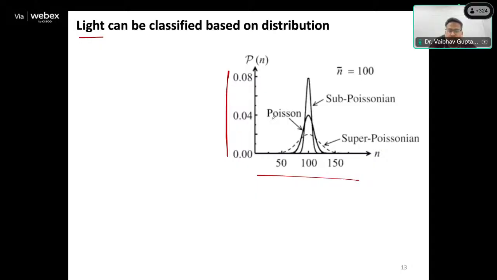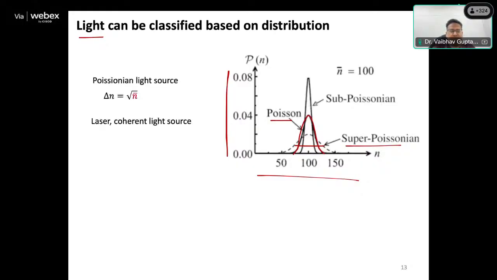If we have a Poissonian distribution, which is shown something like this, then this deviation is equal to the under root of the mean value. If a distribution is super-Poissonian, meaning the spread is more, the standard deviation is bigger than the mean value. And in the case of sub-Poissonian, it is smaller.